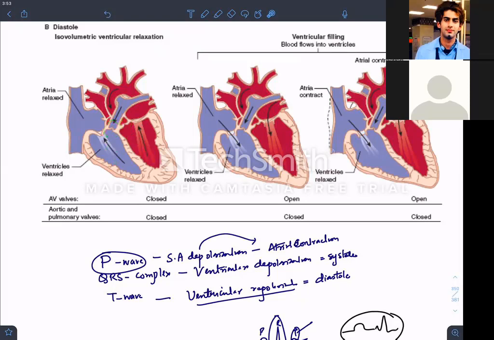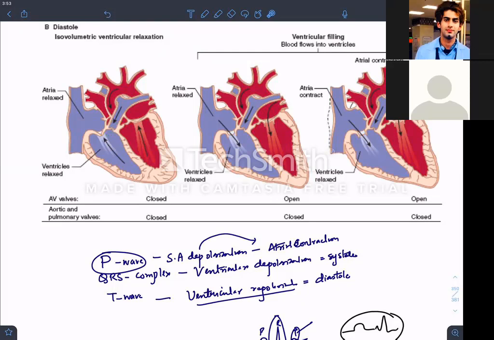Once protodiastole has started, that means systole has ended, and is moving towards diastole, the relaxing phase. Since systole is proceeding towards diastole, these valves should start becoming closed. But I am telling you, they haven't closed yet, they are just closing, the time just before the closure.